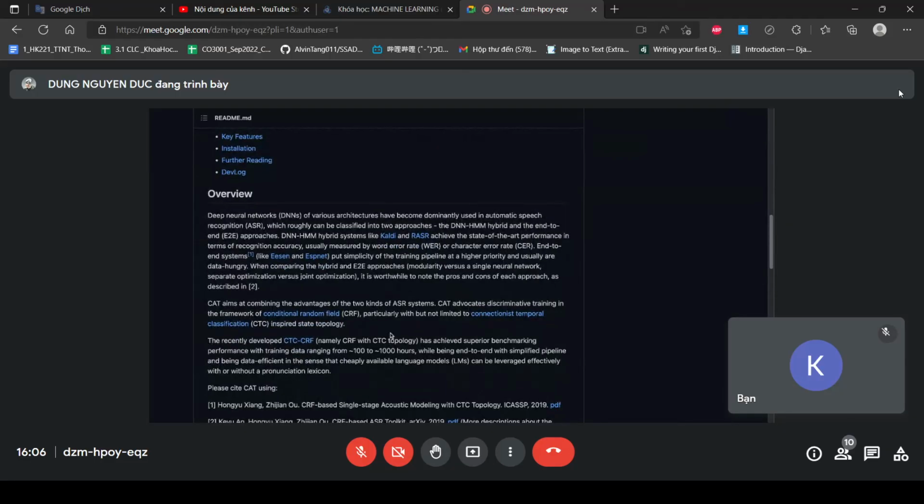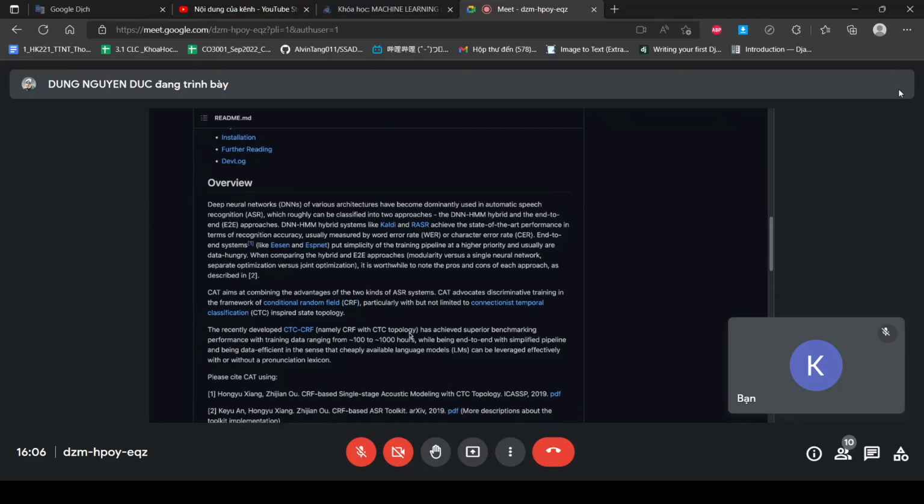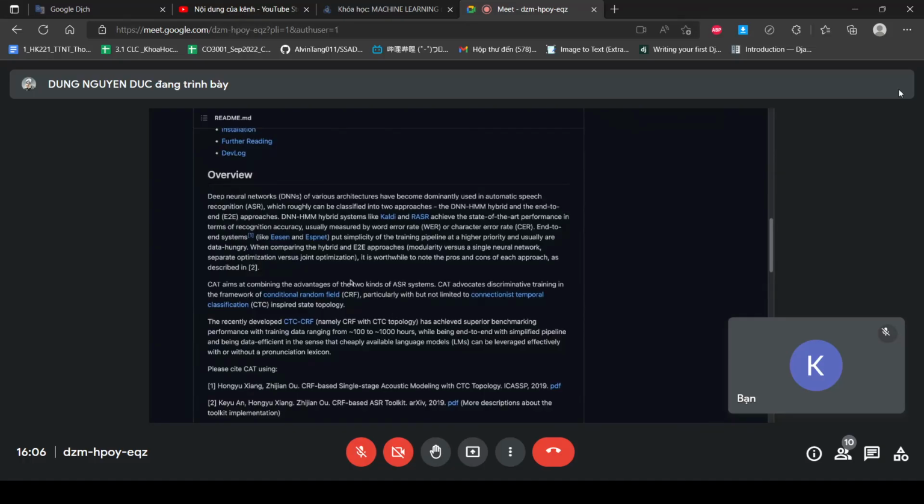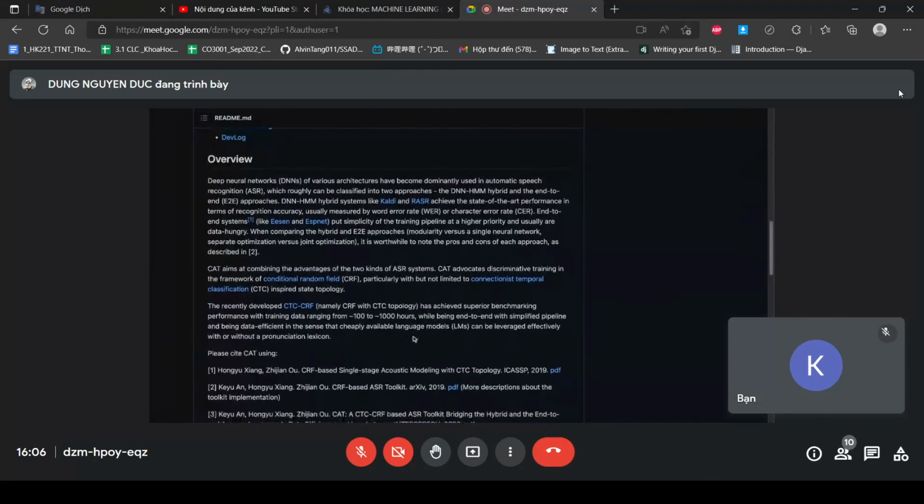In my experience, a lot of people who work with sequential modeling, especially for speech recognition, use CTC as the last layer. But some other people also use conditional random field. So there's no restriction here. Some of you can prefer CRF, some of you can prefer using CTC. That's fine.